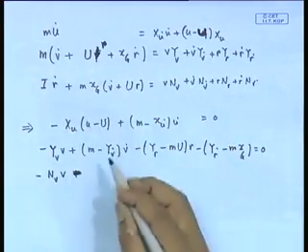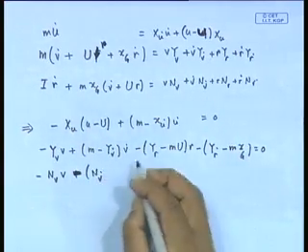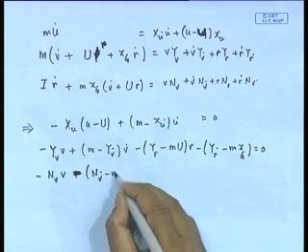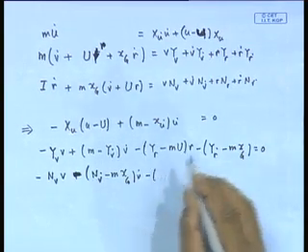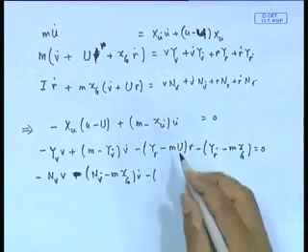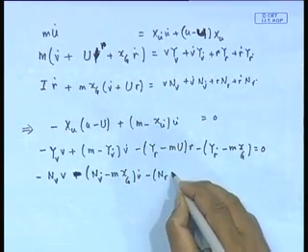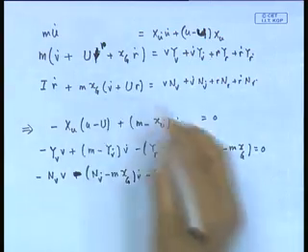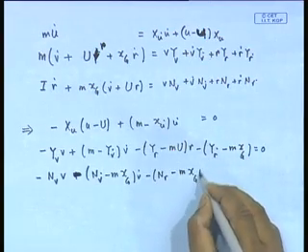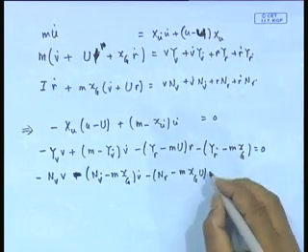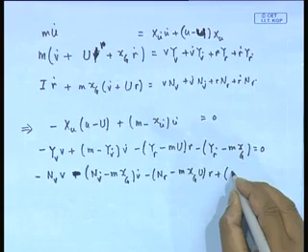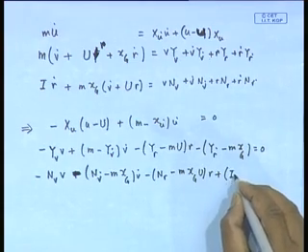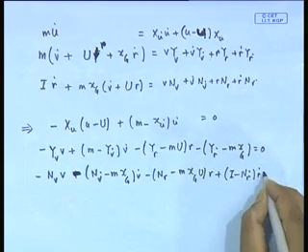So, these two terms, n v dot minus m x g v dot, minus r n r minus m x g u into r plus I minus n r dot equal to 0.